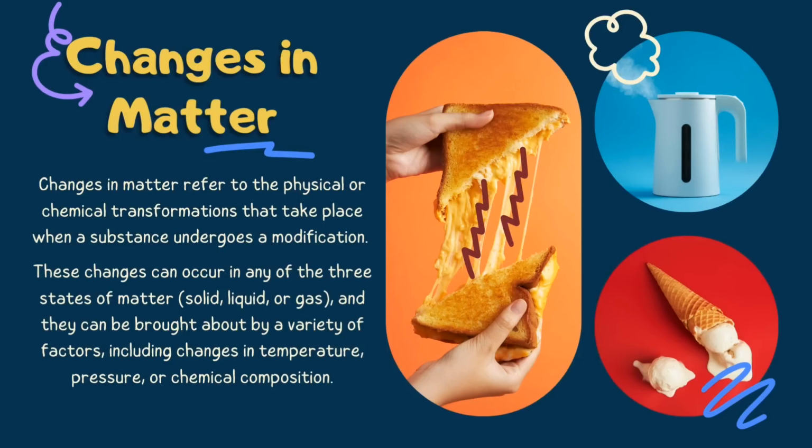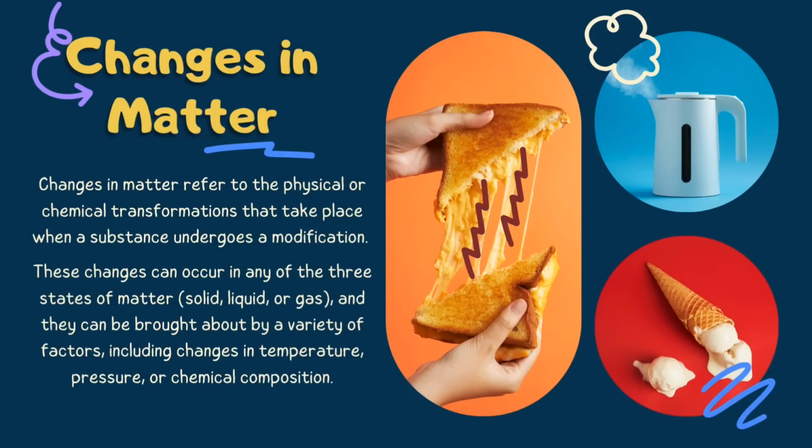These changes can occur in any of the 3 states of matter: solid, liquid, or gas. And they can be brought about by a variety of factors, including changes in temperature, pressure, or chemical composition. So, these factors might affect the states of matter of an object.